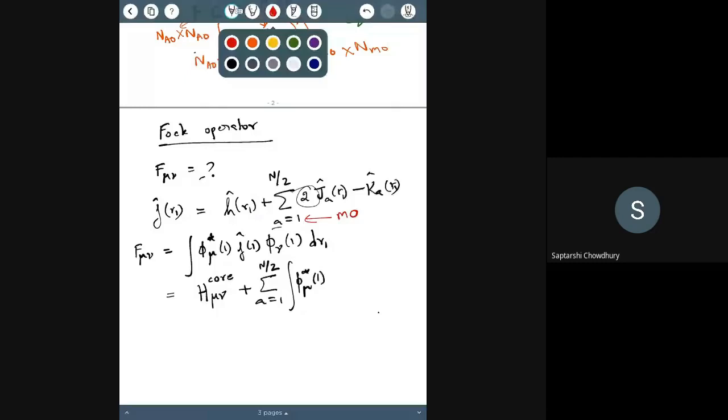So phi mu star 1, and then you have the Coulomb integral, which looks like, so let me write dr1 here.